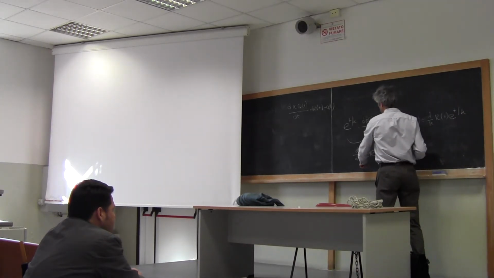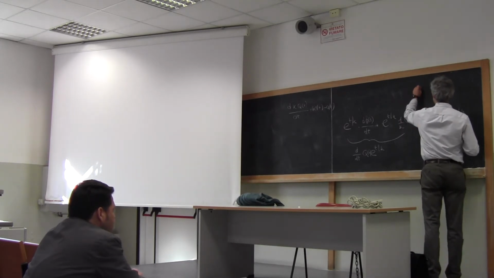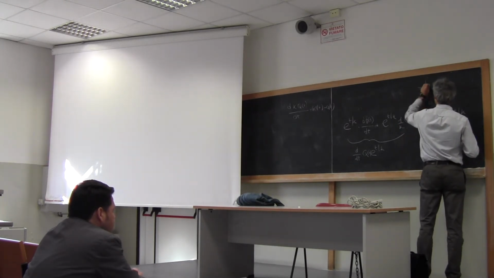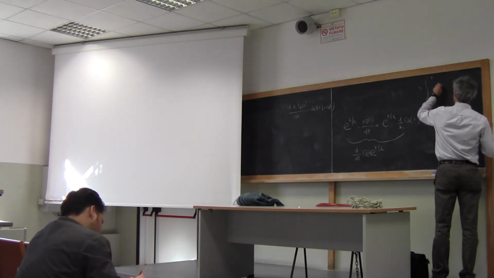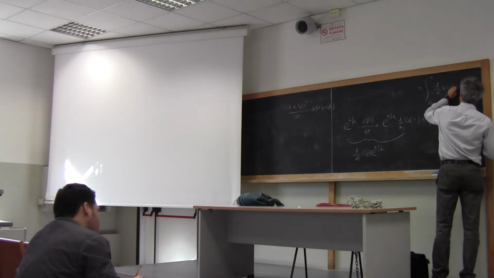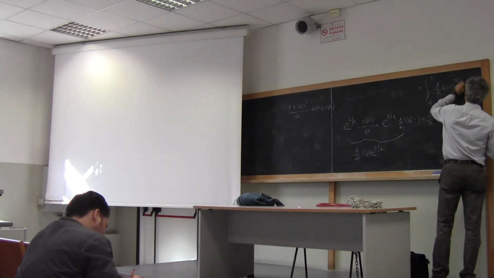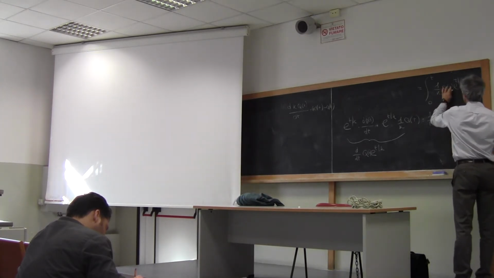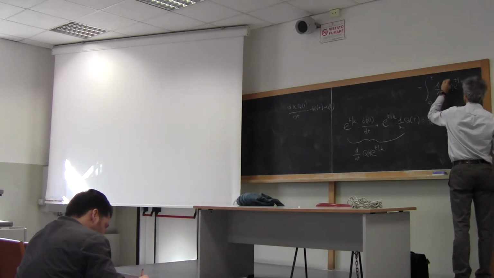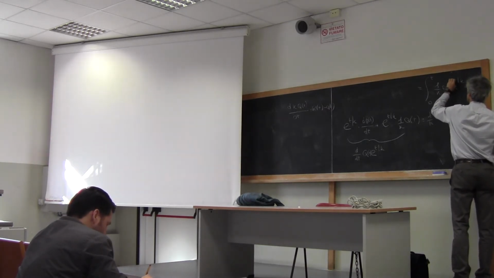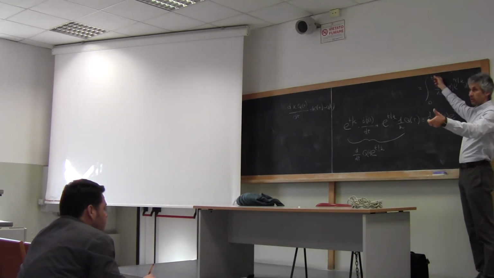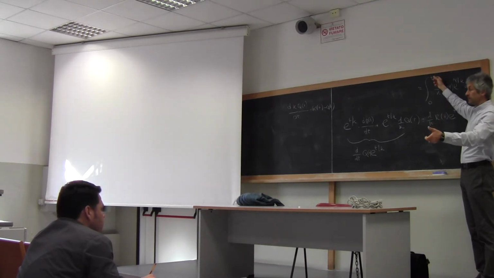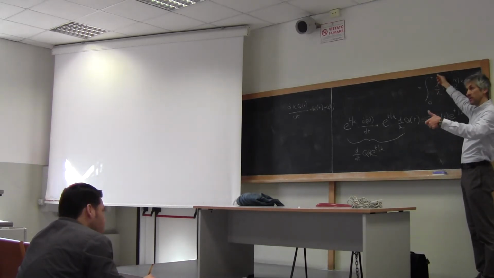So let me compute the second term first. Integral from 0 to t of 1 over k R(t) times e to the power of t over k in dt. But let me call it tau, okay? Every t here should be substituted by a tau. Why? Because t is the time at which I want to compute my river flow, and I need to get to t by infinitesimal increments.